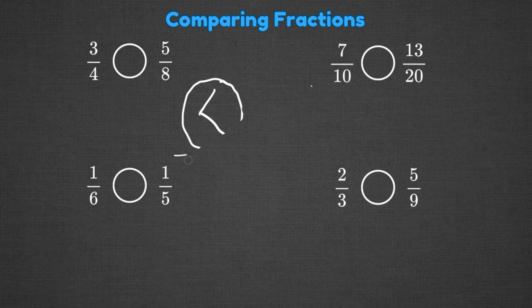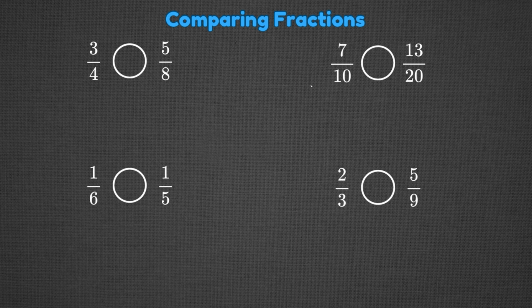fractions. The first thing that you need to do when comparing fractions is make sure you're comparing like things. We need to get a common denominator for these fractions in order to see how many parts, how many slices we actually have. So if I direct your attention to 3/4 and then has some relationship to 5/8, what I can see there is I can turn both of these fractions into eighths.